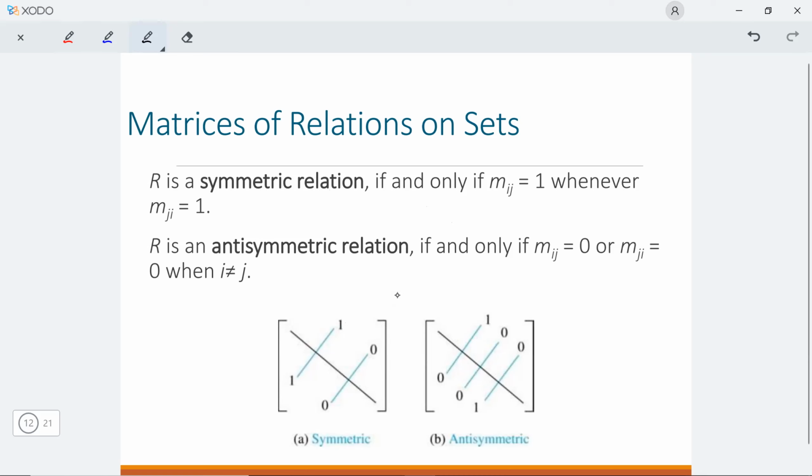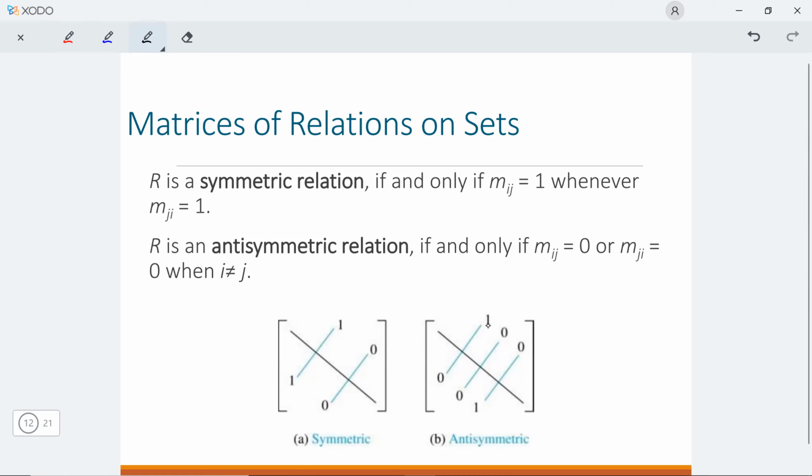Okay, and then let's look at the antisymmetric relation. For the antisymmetric relation, if there is any element which is in our relation, then the opposite position should not be in this relation. In other words, it should equal 0. So if we have 1 in the position at row i, column j, then the opposite position at row j, column i should equal 0.